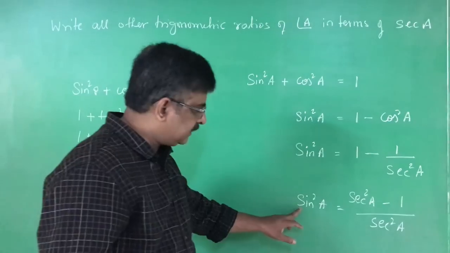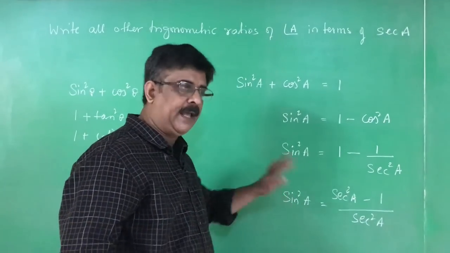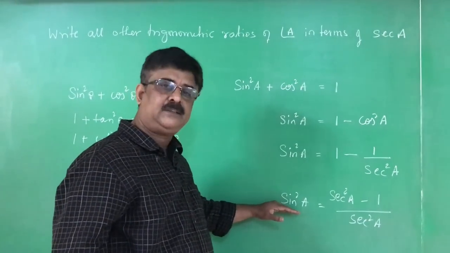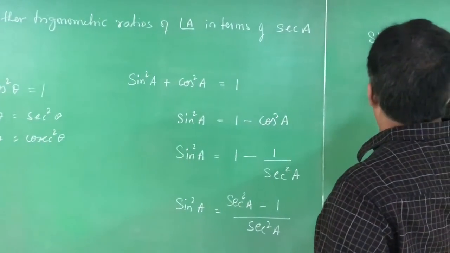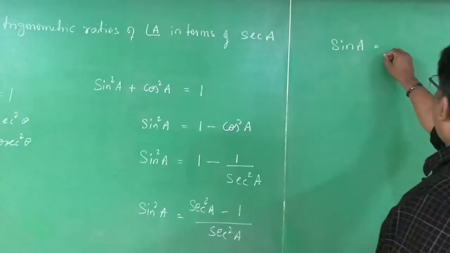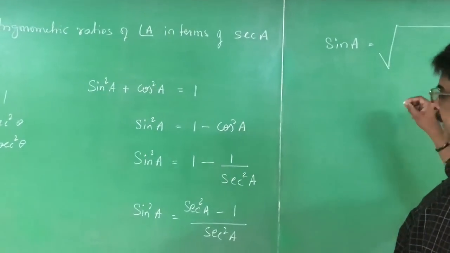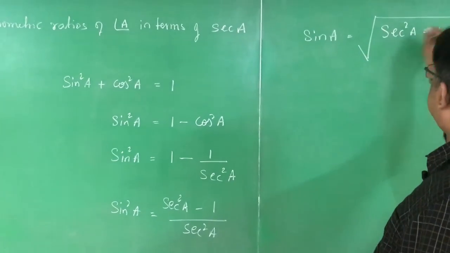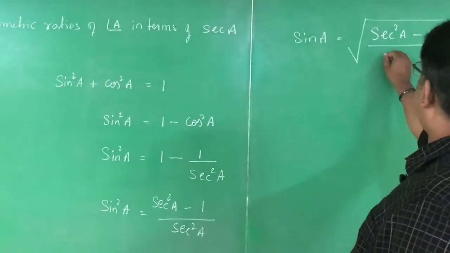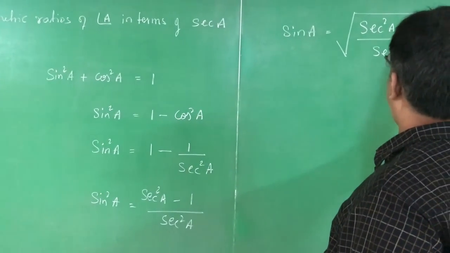Now I don't want sin square A, I want sin A. Therefore I have to take the square root. Therefore sin A equals square root of secant square A minus 1 divided by secant square A.